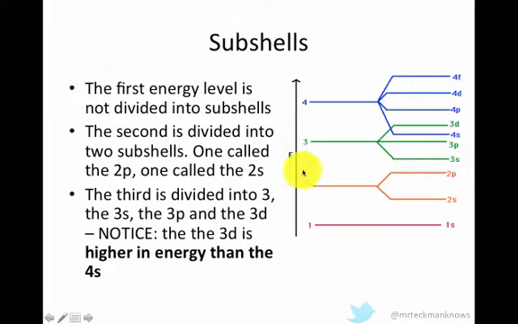Now we're going up in energy here, and you'll notice that the 3d subshell is higher in energy than the 4s subshell. This is where some of the complications have happened, and it's important that we remember this. 4s subshell is really low in energy, 3d is really high in energy. I'm going to be discussing this in the lesson as to why that actually is, but you just need to make sure that you know that 4s is lower than 3d.